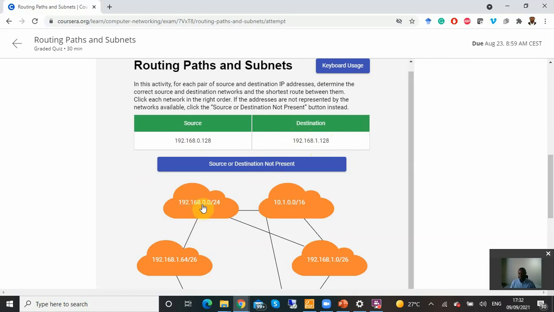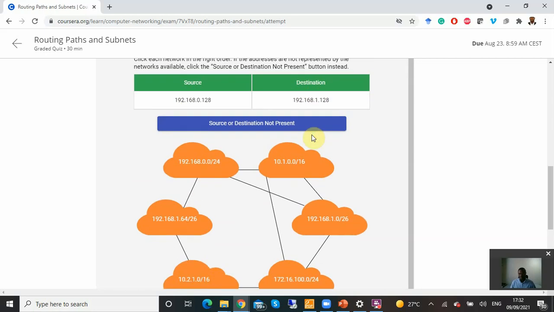Network ID corresponds. For destination, 192.168.1, 192.168.1. Also corresponds.